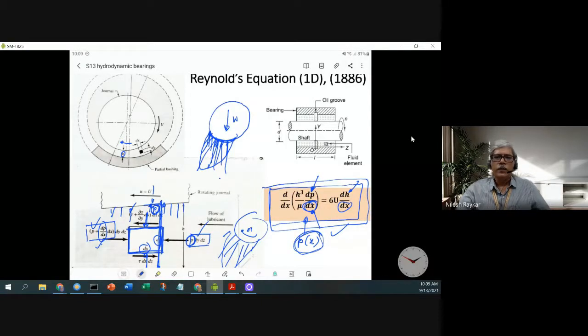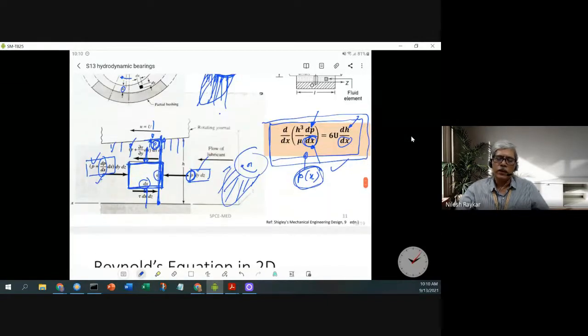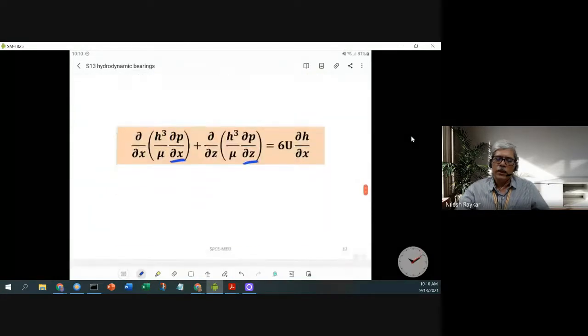The solution of this partial differential equation is more complex, and that was done by Sommerfeld somewhere in the 1930s. Sommerfeld solved not this particular 1D equation, but the 2D equation.